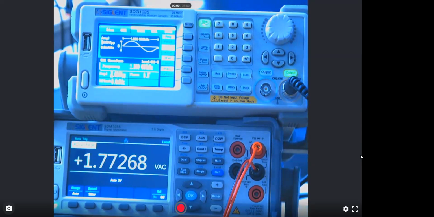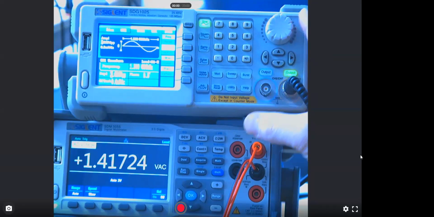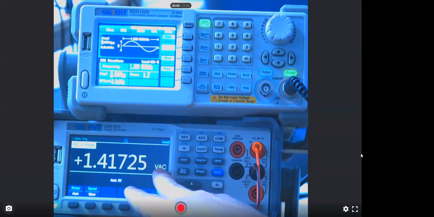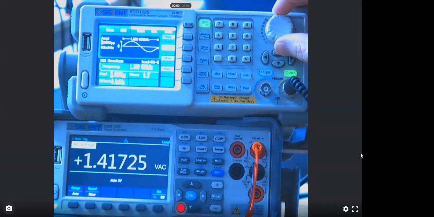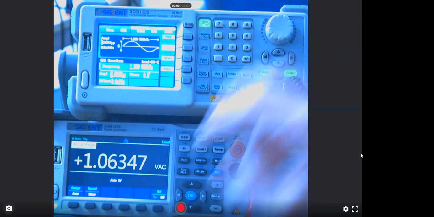If I'm at 4 volts peak to peak, what would my RMS be? I guess I don't need to worry about that now. Let's just find 1 volt AC. That's pretty darn close.